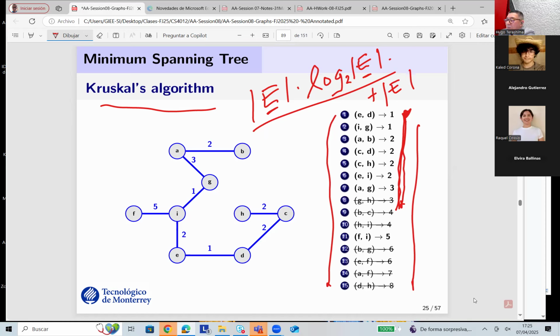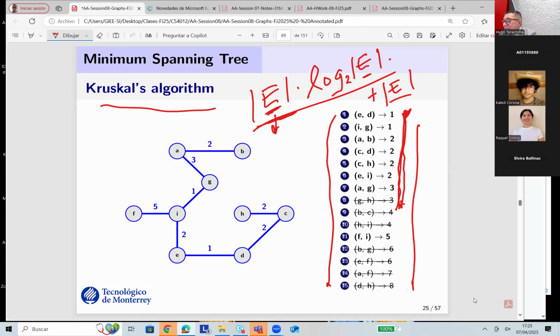And if you want to put this complexity in terms of n, what would you do? What is the complexity of E for a complete graph, for example? This is a good question for the exam, right? What is this? A complete graph with E edges and n nodes, right? Which is the case.